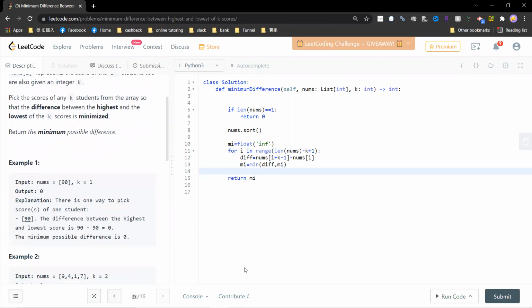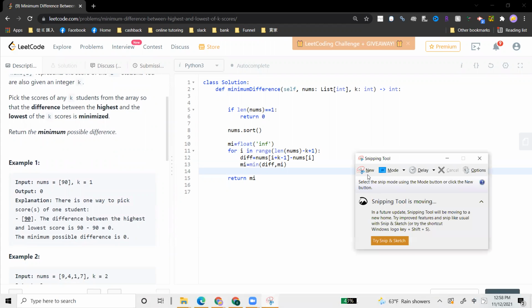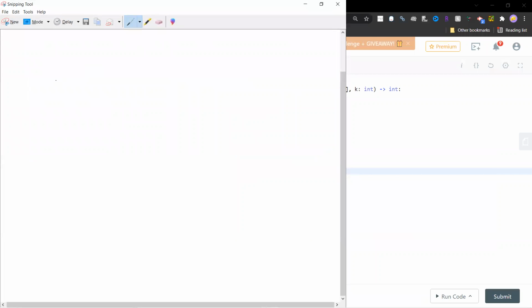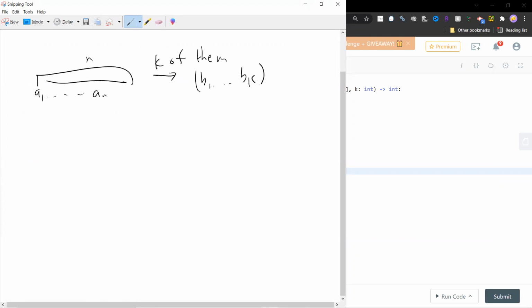So basically, let me just write a definition. The idea is that you have, let's say, n students, and you need to choose K of them. Let's say this is A1 to AN, and you choose B1 to BK, which is a subset of, let's say, this set S. Or a multi-set, because the scores can be duplicated.